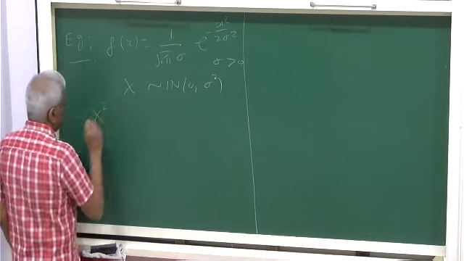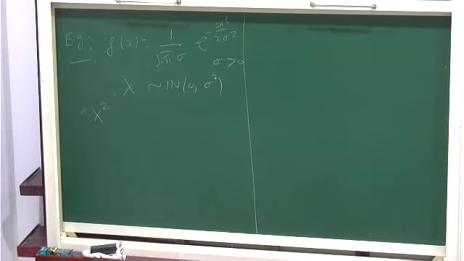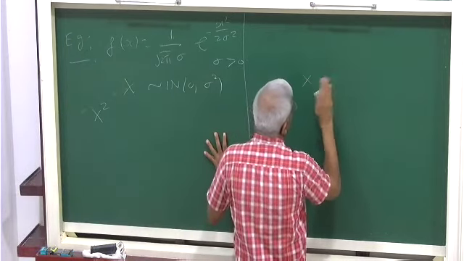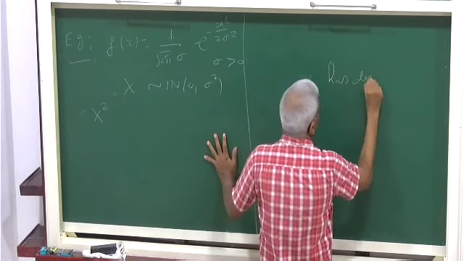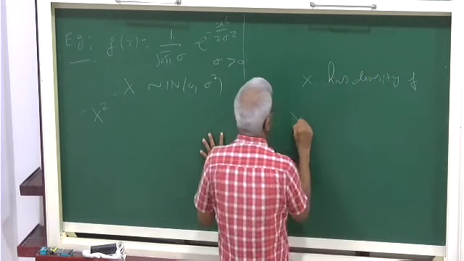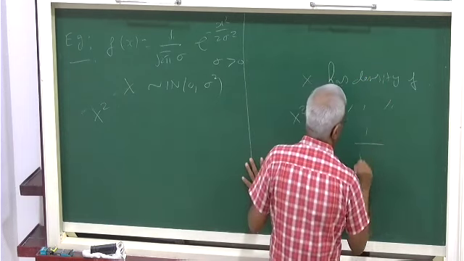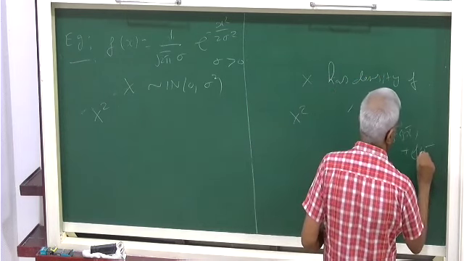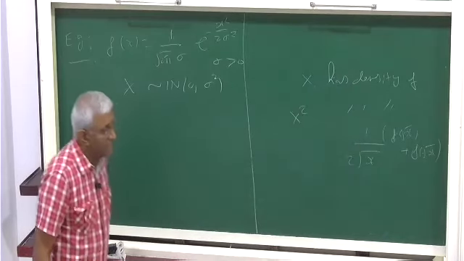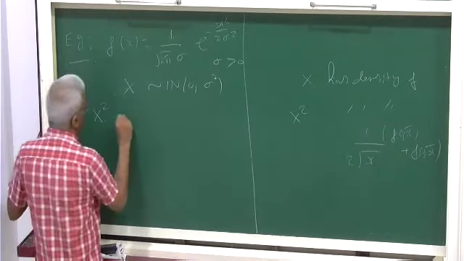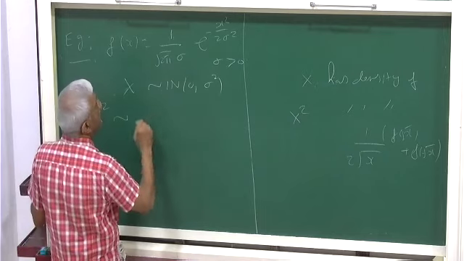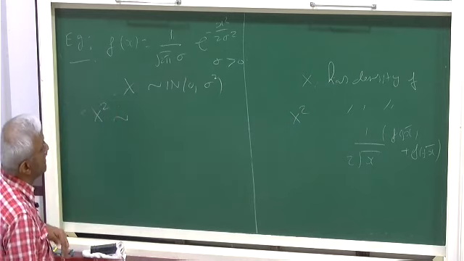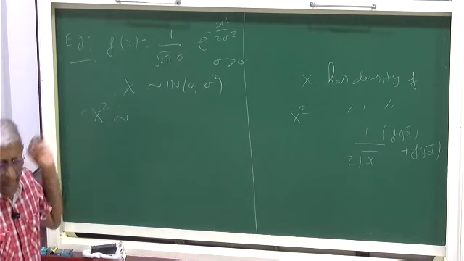We want to compute the distribution of x square. We already know the formula. If x has density f, then x square has density 1 by square root of 2x times f of square root of x plus f of minus square root of x. We already know this. Here, f of root x and f of minus root x are the same for normal.